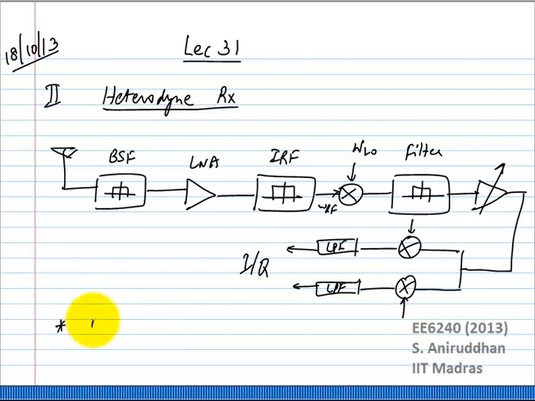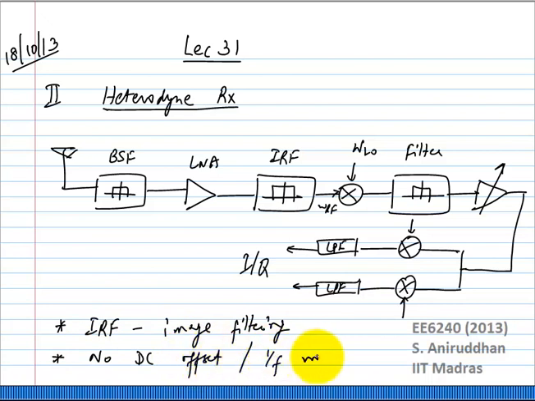You need the IRF for the image. So these are the important things. Second thing is, because you have so much gain upfront, you don't have any DC problems.